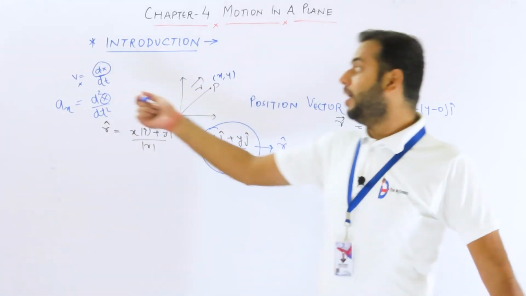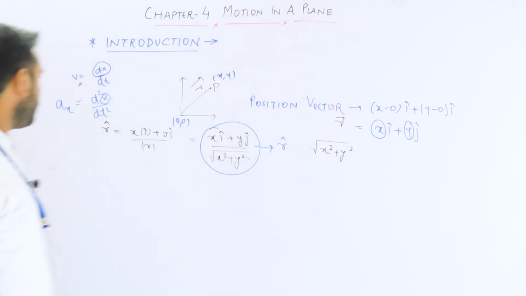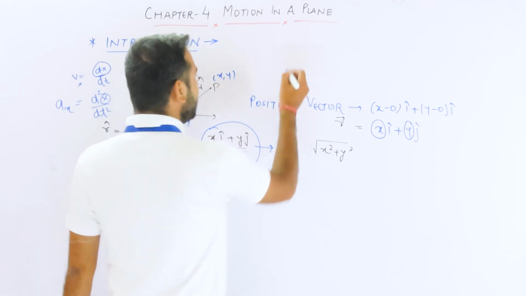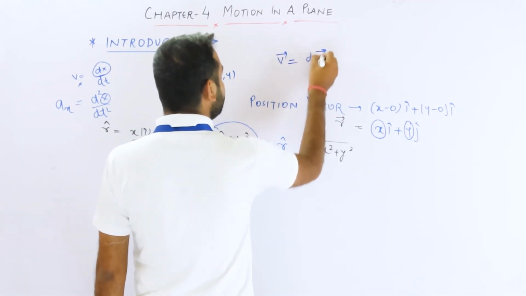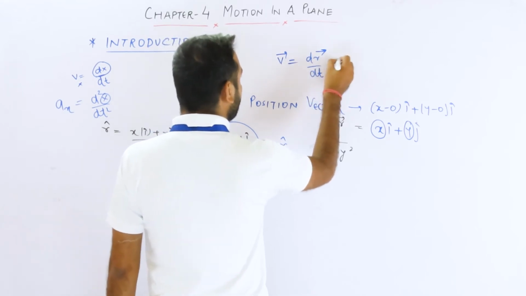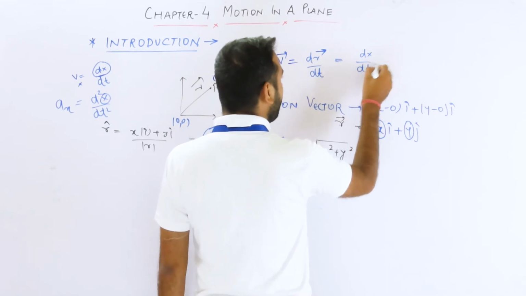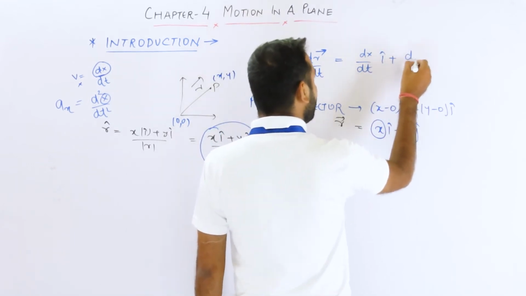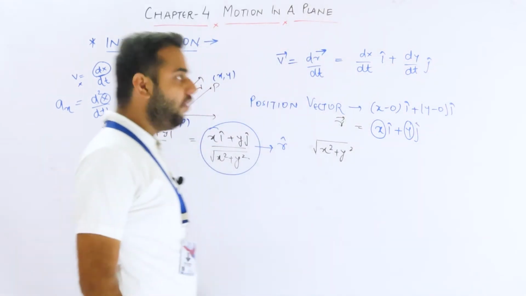I don't have to change my y and z dimensions, isn't it? But in motion in a plane, both dimensions will change, and hence my velocity has to be dr by dt. So it is simply dx by dt i cap, velocity in x direction, plus dy by dt j cap, velocity in y direction.